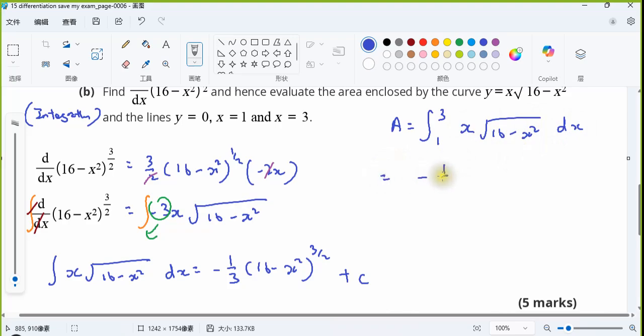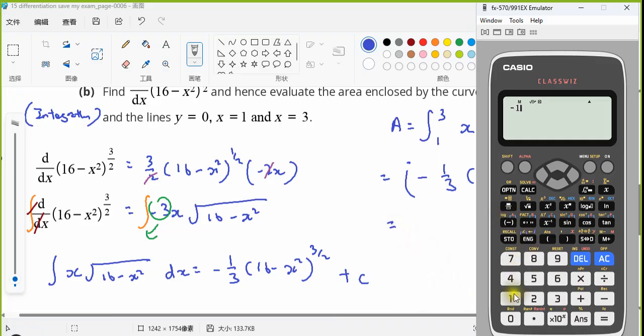So we have negative 1 over 3, 16 minus x squared to the power 3 over 2 from 1 until 3. So we substitute with 3. Then we have negative 1 over 3 and then 16 minus x squared to the power of 3 over 2. We substitute with 3. The question didn't ask us to find the exact value.